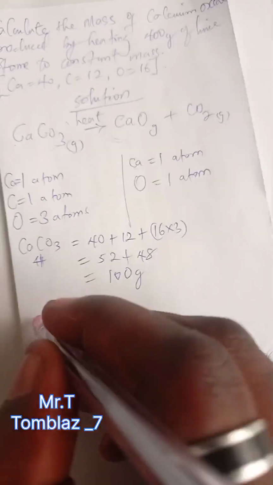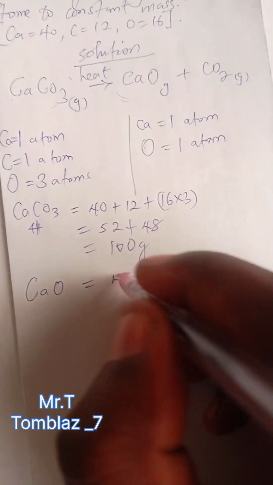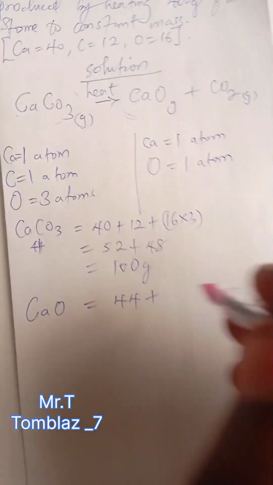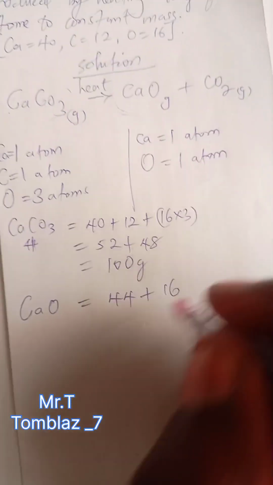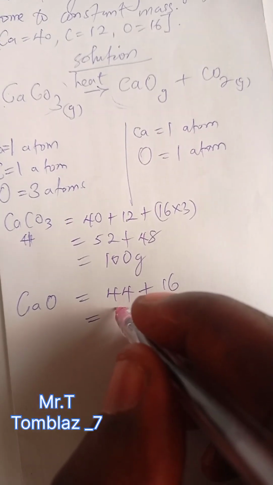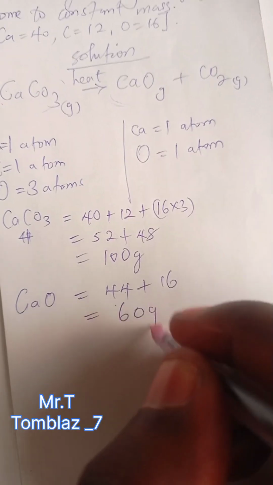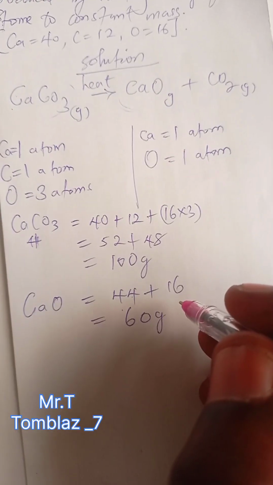So let's do it for calcium oxide. We'll be having 40 plus 16. That gives us 56. So we have 56 grams, right?